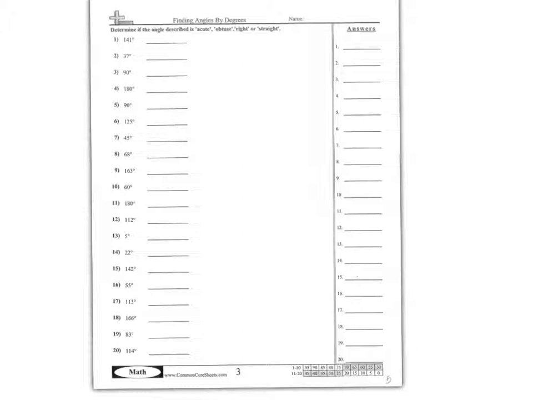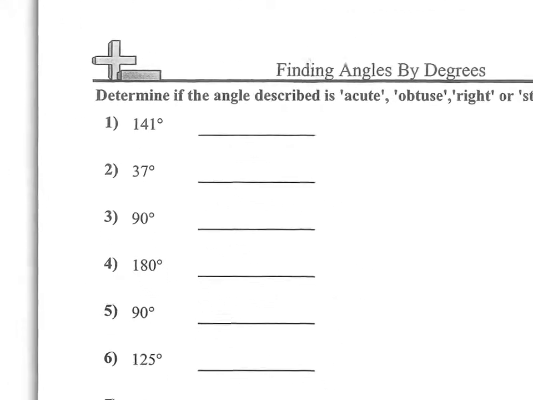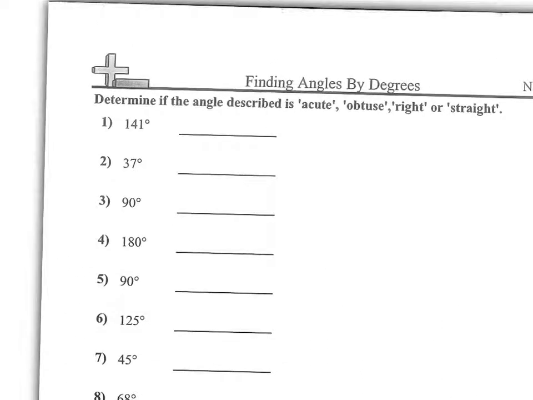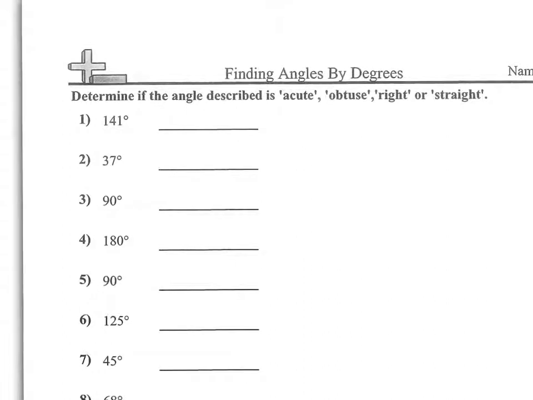Alright, so we're on page 5. At the top of page 5, it shows you just a number, and the directions tell us we need to determine if the angle described is acute, obtuse, right, or straight, based upon that number. That says it's 141.